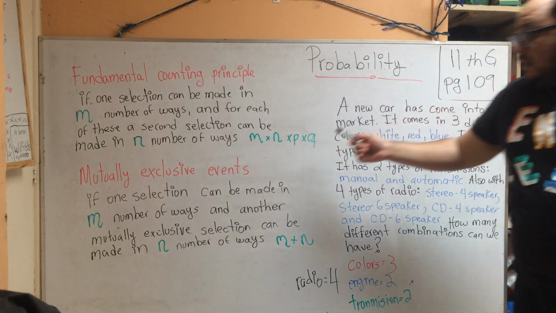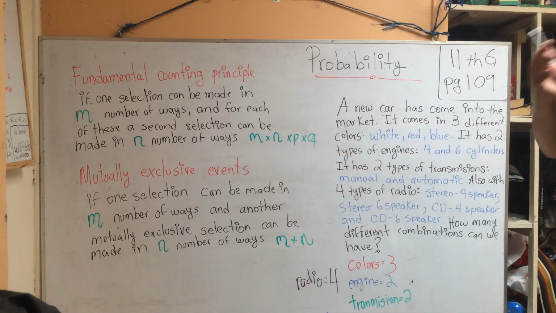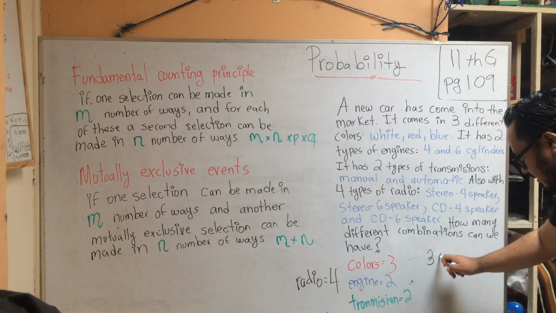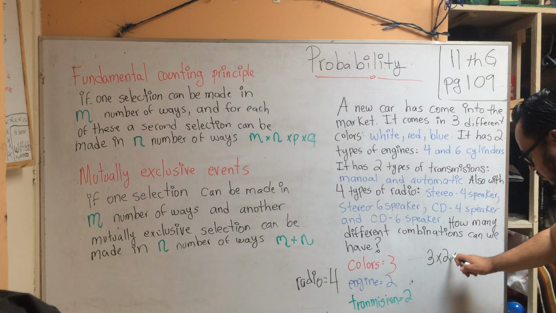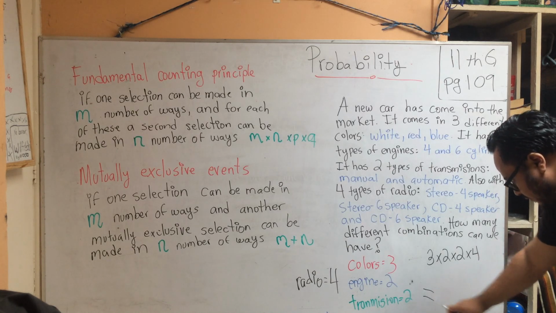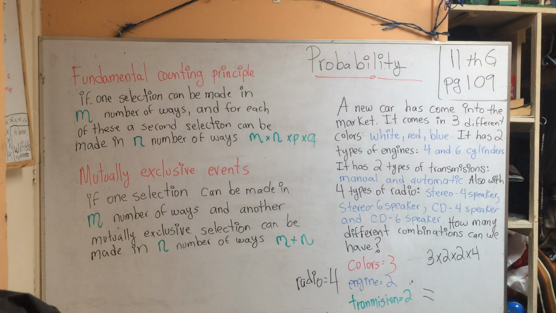So using the fundamental counting principle, all we have to do is multiply the options. So we would have a multiplication of 3 times 2 times 2 times 4.